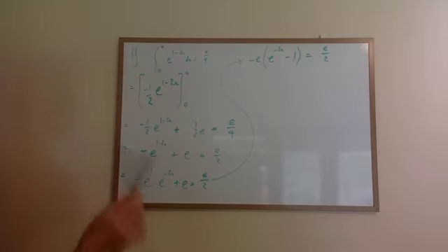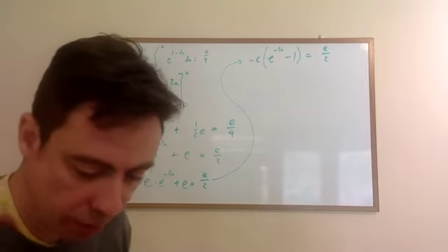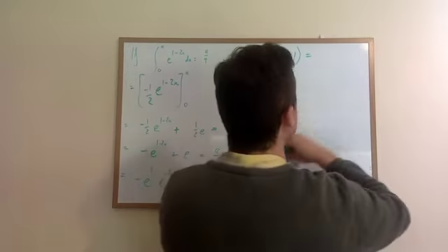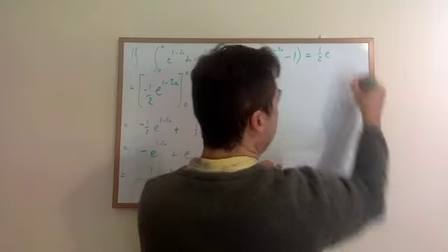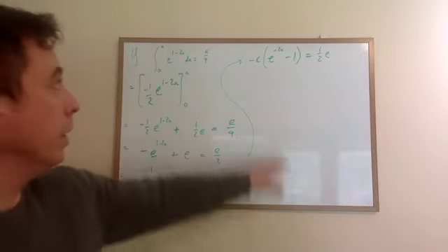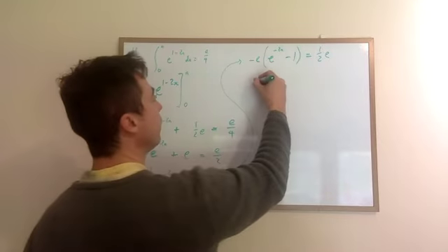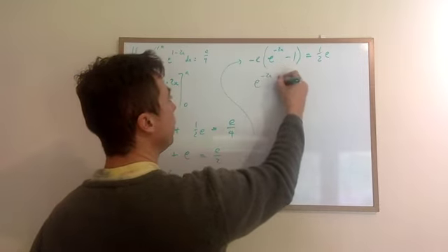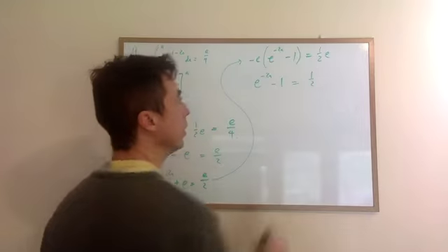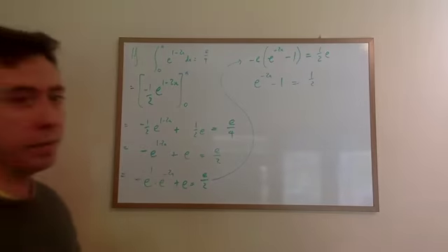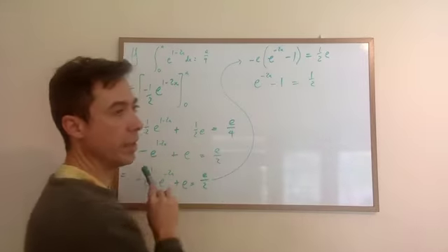Now, what we could do here is divide both sides by e. This is half e over here. If we divide by e, that will simplify things nicely for us. We've got e to the minus 2a minus 1 equals a half. Right? I've got a 1 and I've got a half.